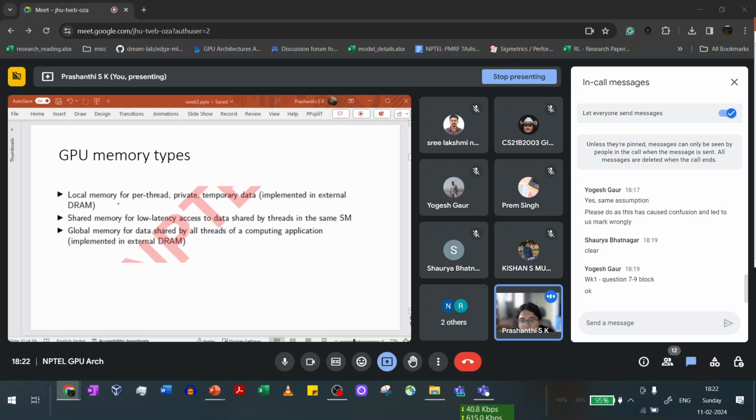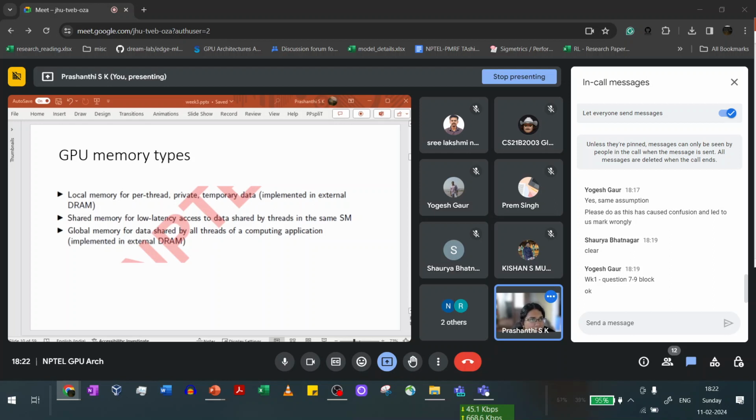So you have local memory for per thread private temporary data, and you have shared memory for low latency access to data shared by threads in the same SM, and global memory is in external DRAM, and this is for data shared by all threads of a computing application. So this is what I think was given in your lecture notes.